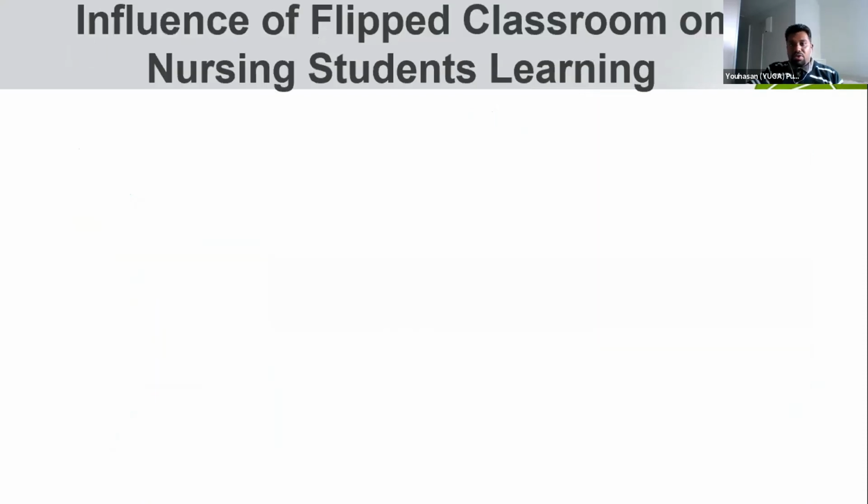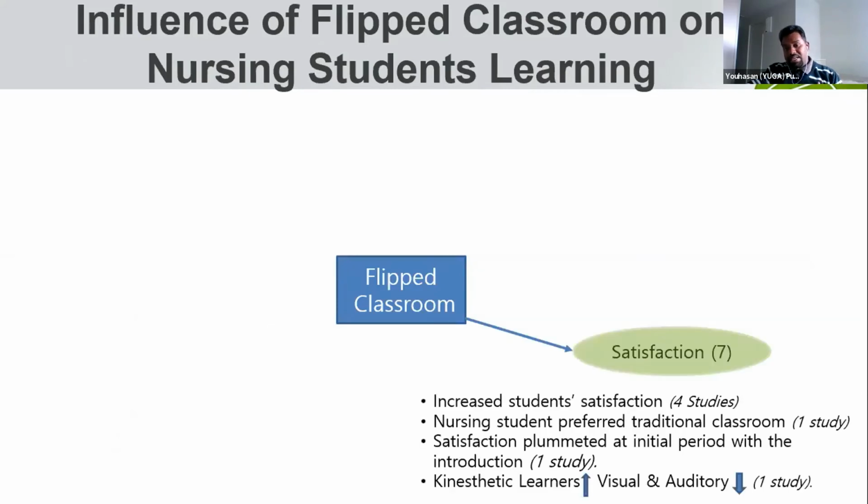And also the influence of the flipped classroom on nursing student learning was reported in this systematic review. 7 studies reported about student satisfaction. 4 studies reported that the flipped classroom increased student satisfaction. Meanwhile, a study revealed that nursing students still prefer the traditional classroom.